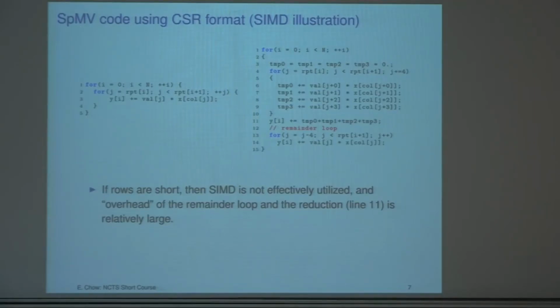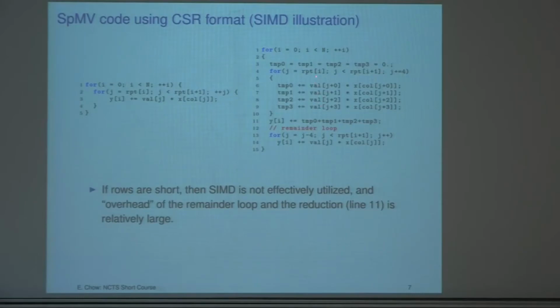So we have 4 different temporary variables. We're going to add these temporary variables together to get the result for the ith component. But we're going to do 4 of these at a time. The idea is that there are instructions on these cores that allow us to do 4 in the same amount of time as it takes to do 1.